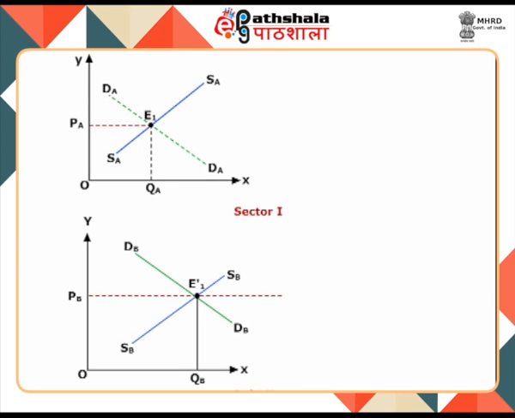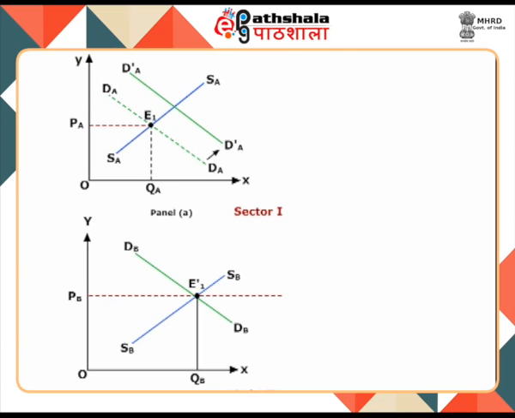Suppose that because of some favorable condition, the demand for commodity A has increased at the same price, that is, the market demand curve of the commodity A has shifted out to the right because of change in preference pattern of the consumer as shown in diagram panel A.